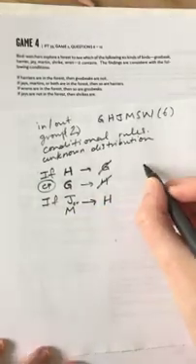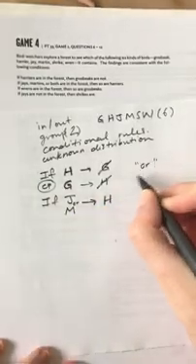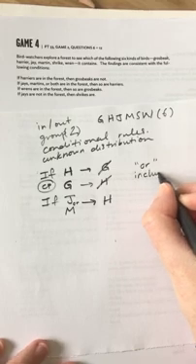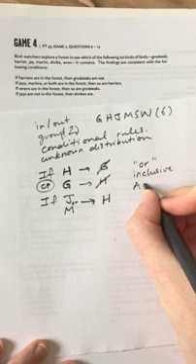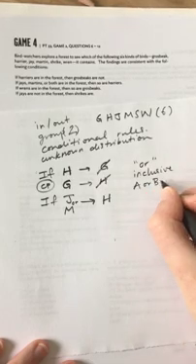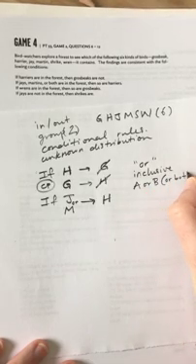Now, the word or in the LSAT is always inclusive. Okay, so that always includes both. So A or B includes the possibility that we have both of them, right? So this is just assumed.